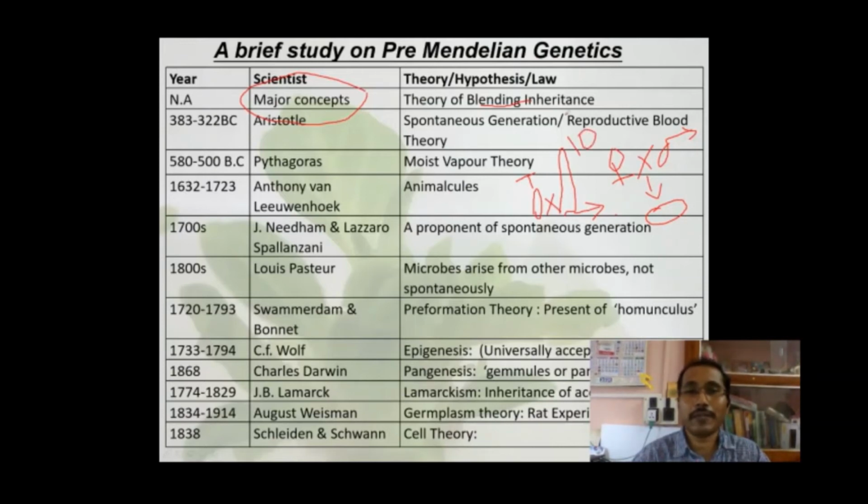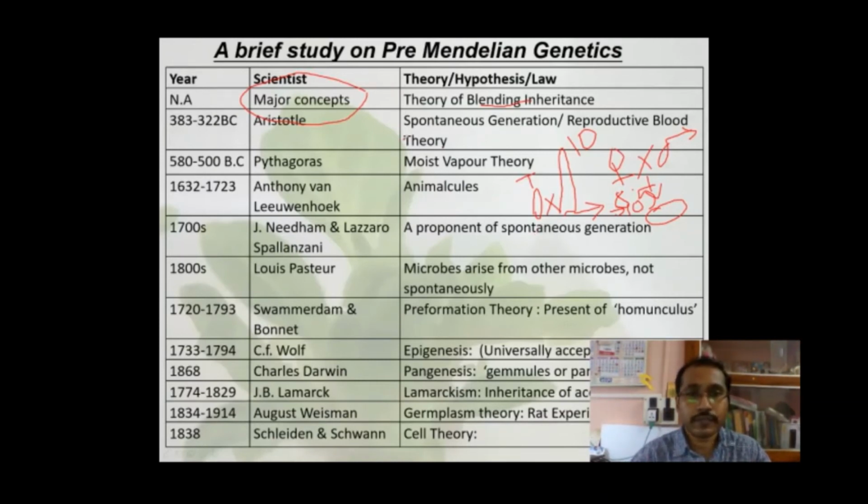As per blending inheritance, it would be in between, 17 divided by 2, 8.5 centimeters. But actually the plant height will be either 7 or 10 centimeters, not intermediate. So some of these concepts are mixed, some are appreciable, and some are rejected.